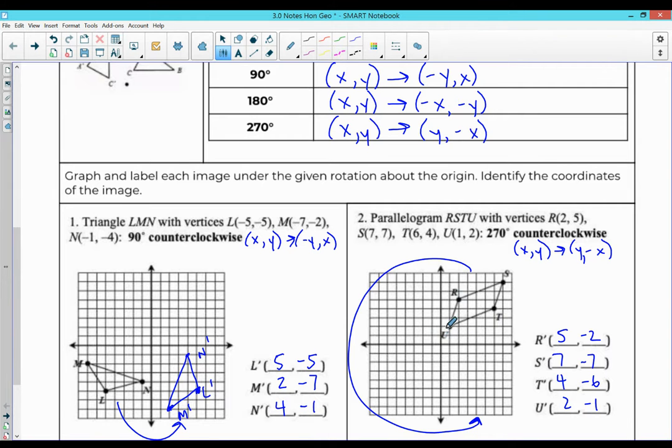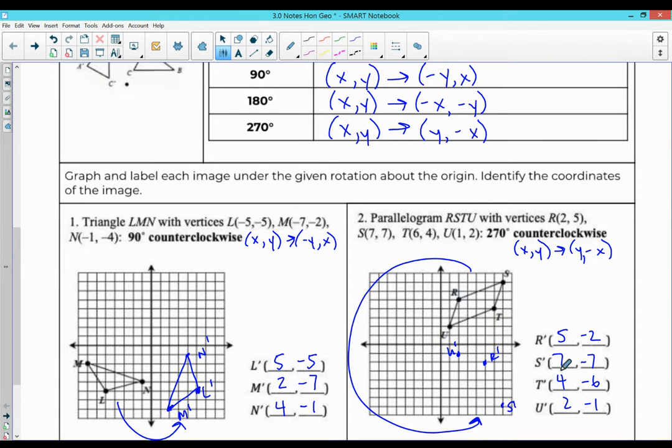Since U is closest to the origin, it should stay closest to the origin: 2, -1. That's U prime, and that's about right. R prime is 5, -2. S prime is 7, -7.